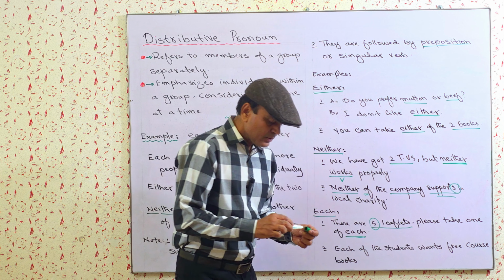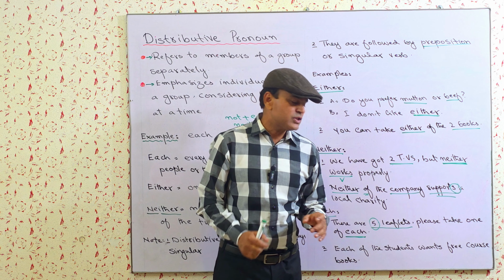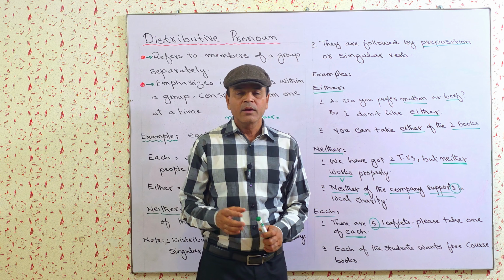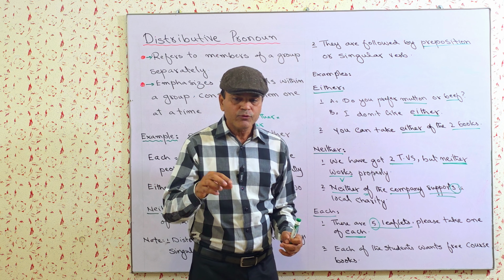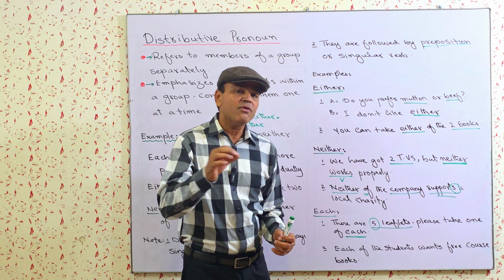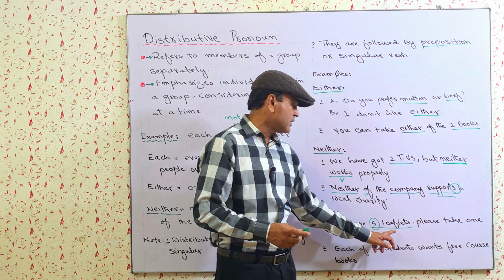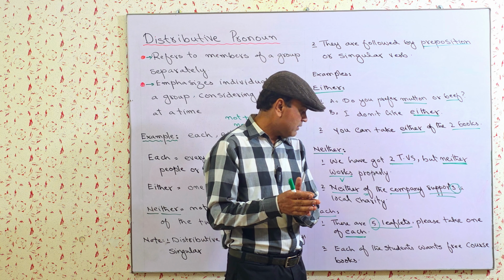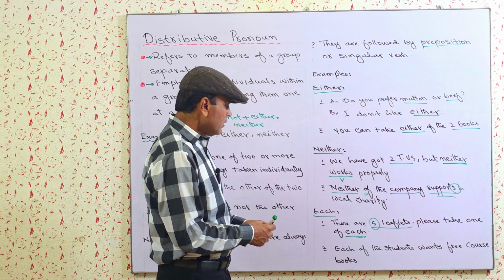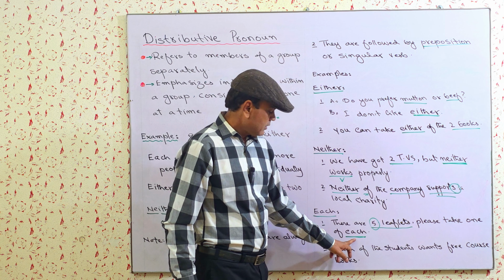Here the word each is used in place of leaflet, and the leaflets are 5. So each one of the leaflets is the sense of it. It means this word separates the leaflets one by one. Here it is used all alone.